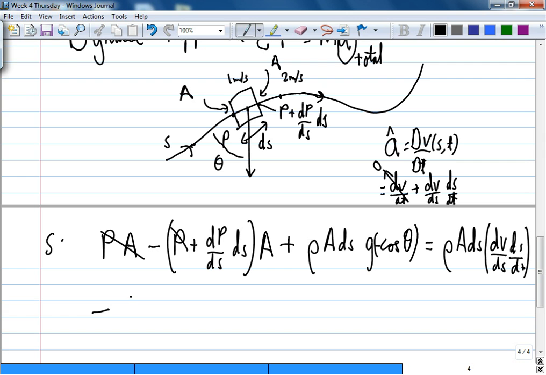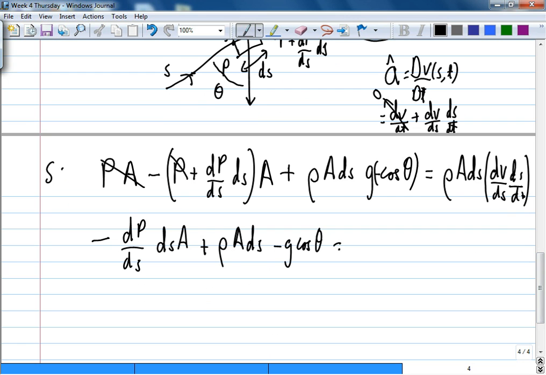So this one is minus dp on ds, times ds, plus rho A ds, minus g cos theta, and here equals rho A dv on ds, ds on dt.